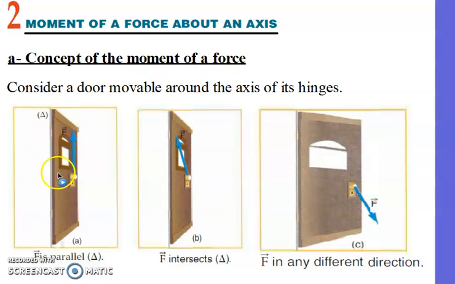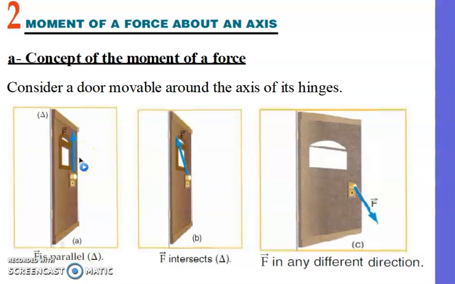Here is the door, and here is delta, the line joining the hinges. Clear? Now try to open the door by applying on the handle a vertical force F parallel to delta. In your opinion, does the door open or close?